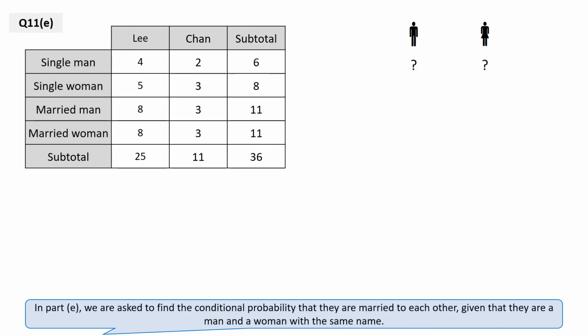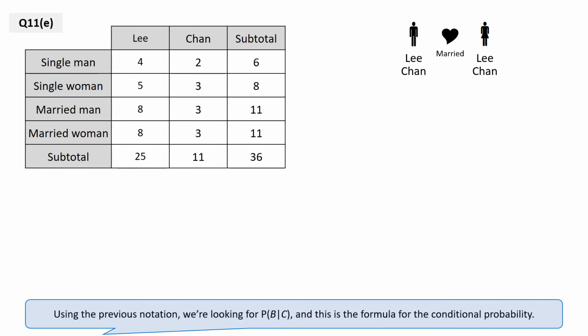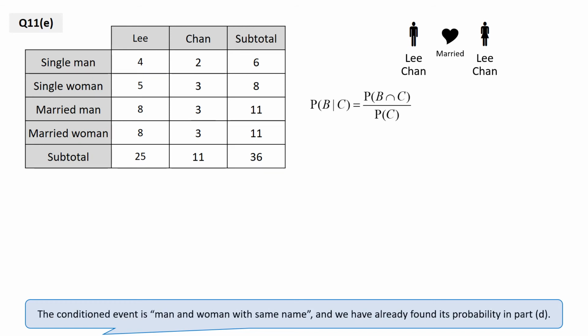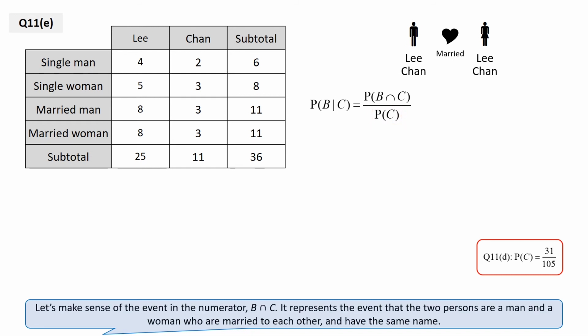In part E, we are asked to find the conditional probability that they are married to each other, given that they are a man and a woman with the same name. Using the previous notation, we're looking for probability B given C, and this is the formula for the conditional probability. The conditioned event is man and woman with the same name, and we have already found this probability in part D. Let's make sense of the event in the numerator, B intersection C. It represents the event that the two persons are a man and a woman who are married to each other and have the same name.